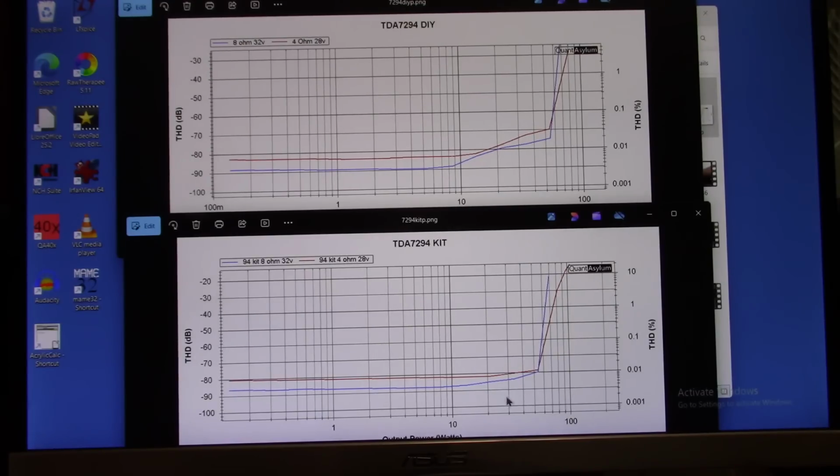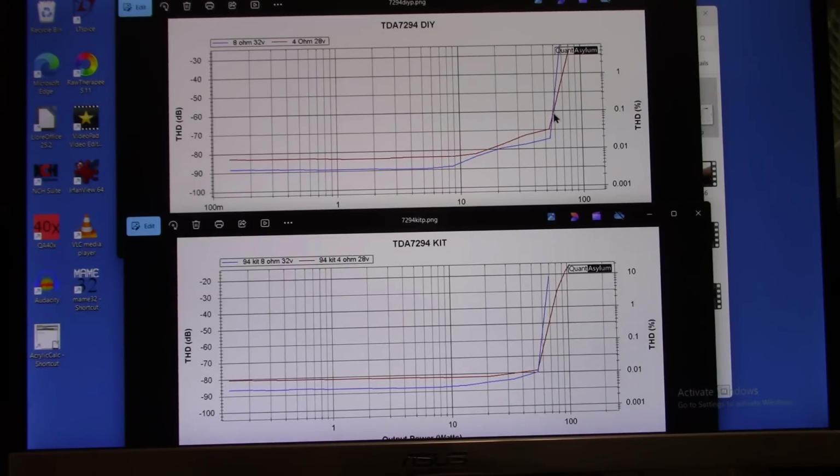4 ohms is a bit higher. Looks like it's around the 0.008 line here. This one actually looks slightly lower, 0.007. Again, nothing that would make a lot of difference. And you can see where we knee up into clipping, and we cross the 0.1 line here.